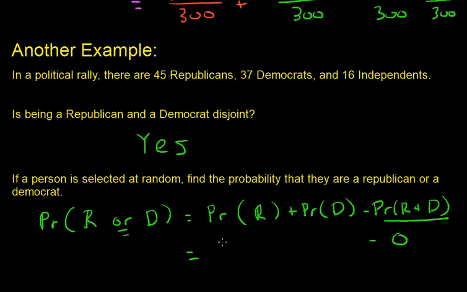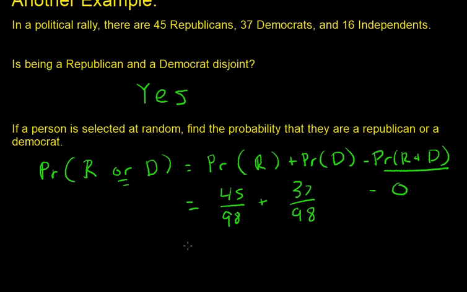There were 45 Republicans. How many people are in this sample? Add up 45 plus 37 plus 16, and you should get 98. Plus the probability of being a Democrat, 37 over 98. If we add those two up, you get 82 over 98, which is 0.837. So the probability of being a Republican or a Democrat is 0.837.